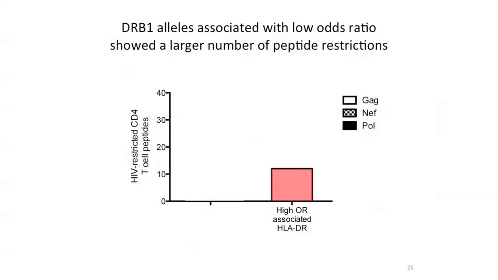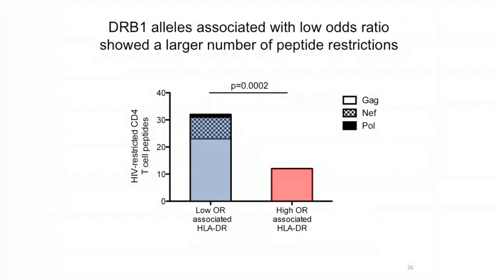And what we saw is that the ones that were associated with rapid progression were restricting about 10 different CD4 T cell responses. But in contrast, the HLA-DR alleles that were associated with protection restricted about 3 times as many CD4 T cell responses compared to the ones that were associated with progression.